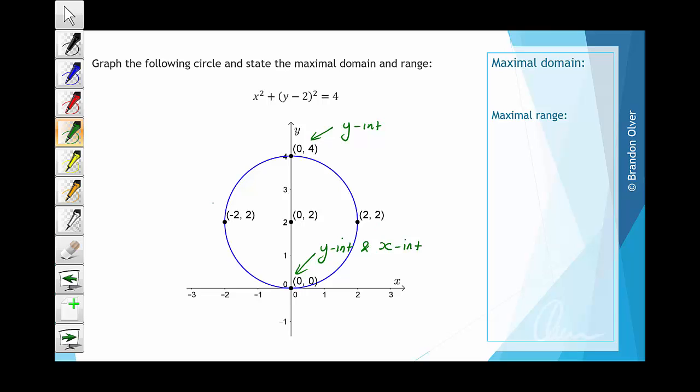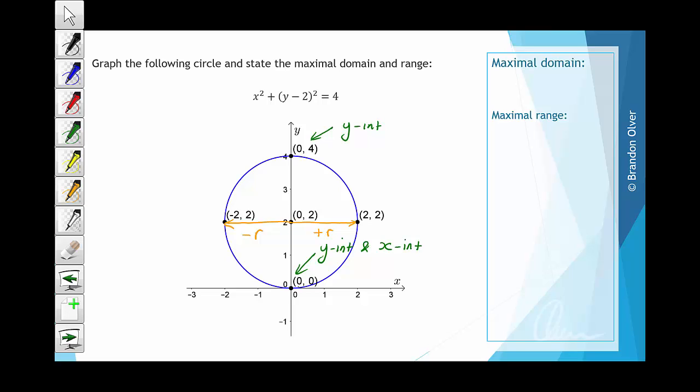As you can see, there is the point at (2, 2), and that's found by subtracting the radius from the centre of the circle's x value. Here we subtract the radius from the centre, so we have 0 minus 2, which gives negative 2 here. To find the extreme point out here, we add the radius's value, which is 2, so we have 0 plus 2 gives 2. And of course the y-intercepts were also the extreme values going up and down from the centre as well.